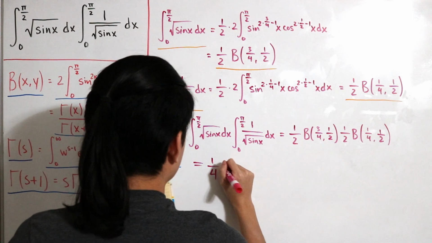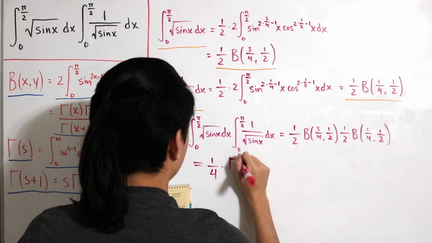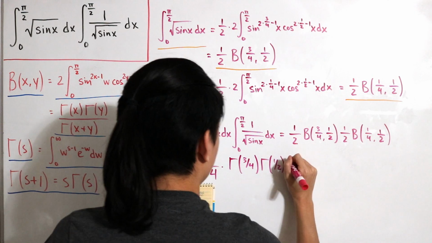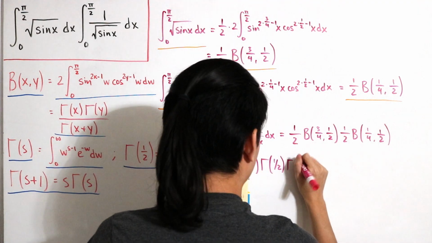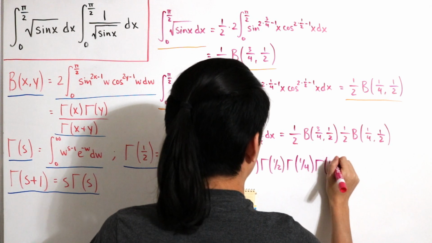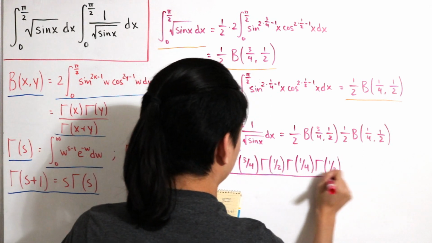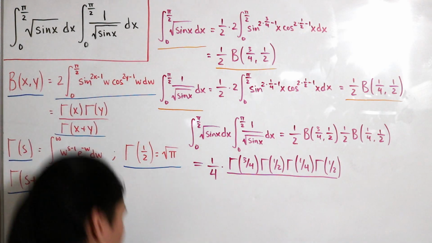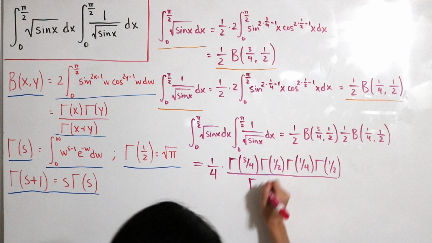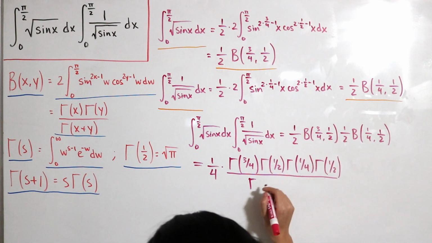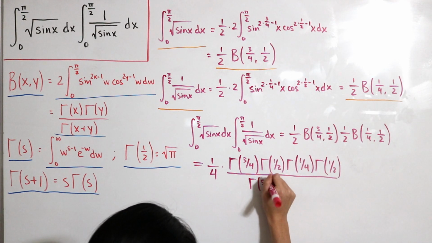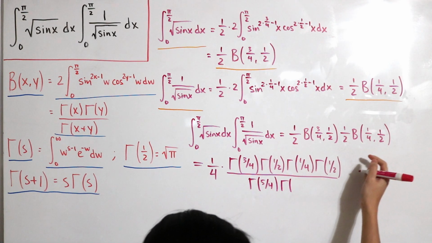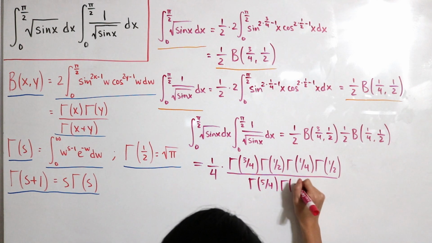of course by using our properties of gamma, we have first the gamma of 3/4, then times gamma of 1/2, multiply with gamma of 1/4, and then multiply with gamma of 1/2, and all this being divided by the sums. The first one is gamma of 3/4 plus 1/2, that will be 5/4, and then the second, gamma of 1/4 plus 1/2, that's just 3/4.